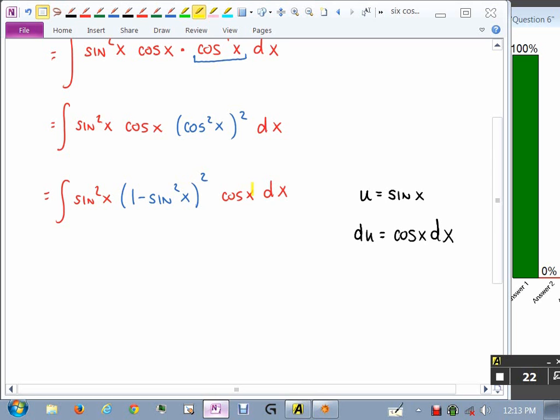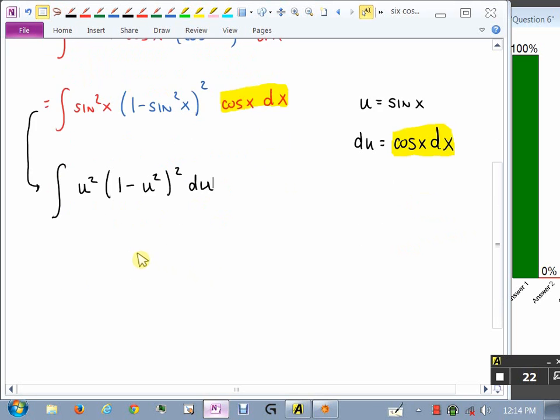So I will be able to replace cosine x dx with du, yeah? And everywhere I see a sine x, I'm replacing with u. So this new integral becomes, help me out, u squared, parentheses, 1 minus u squared, quantity squared, du.